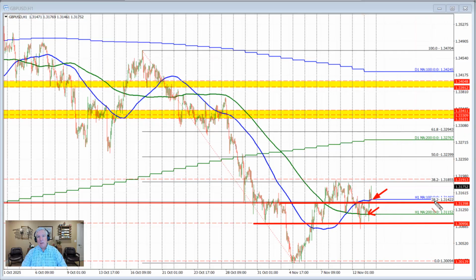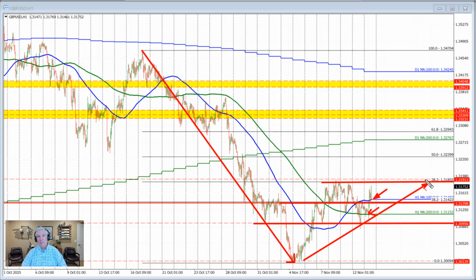So this area is going to be the key support right through here near the 100-hour moving average at 46. Currently trading at 75, and on the top side, the 38.2% retracement of this move to the downside comes in at the 1.31855 level, and that's going to be the next target on the top side to get to and through, in addition to the high price that we saw earlier this week on Monday's trade, which eked just above that level and then rotated back to the downside.